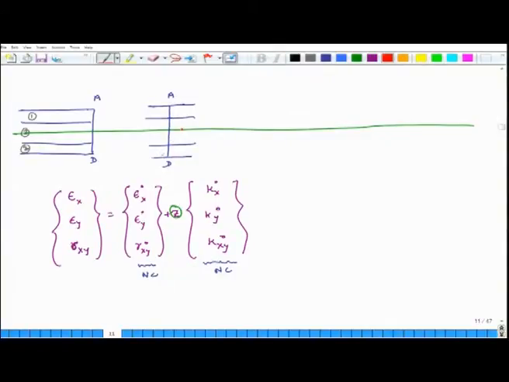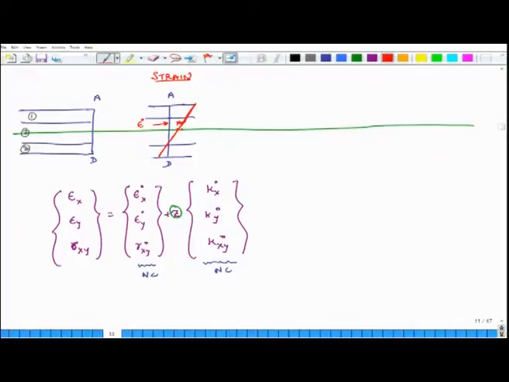The overall line may be something like this, where this represents the mid plane strain, and the slope of this line represents the curvature. So, this is how strain varies along the thickness.